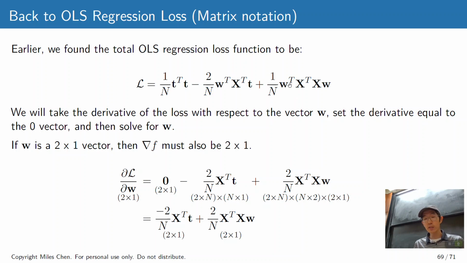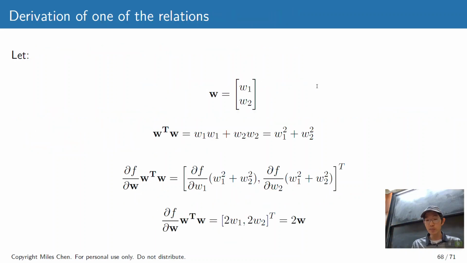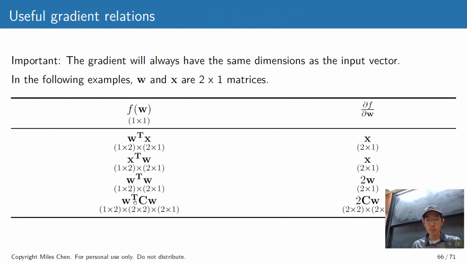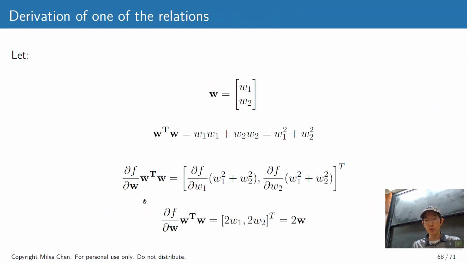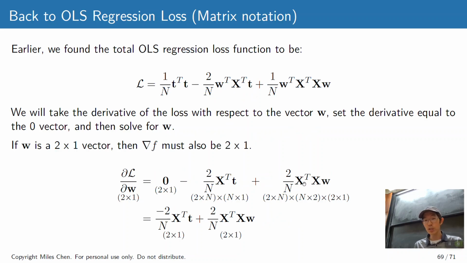And then here I've got w transpose x w. This x transpose x is basically your matrix C. It's just C is x transpose x, and so we get 2 CW, okay, 2 x transpose xw. All right, so here I got, this is 2 by 1, this is 2 by 1, and so this is my result, negative 2 over n times x transpose t plus 2 over n x transpose xw.